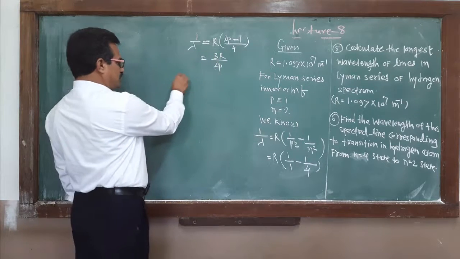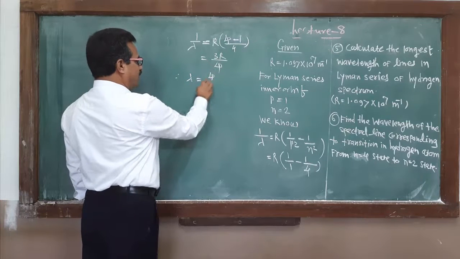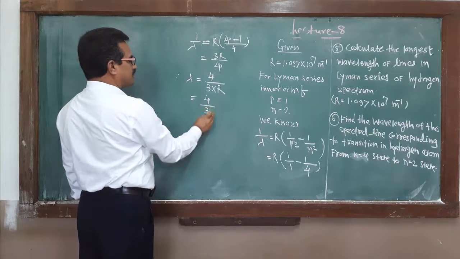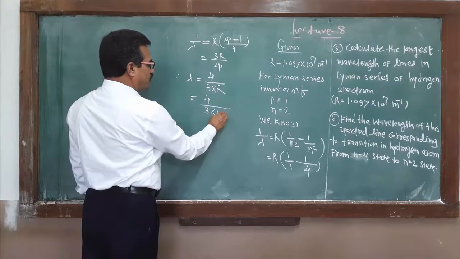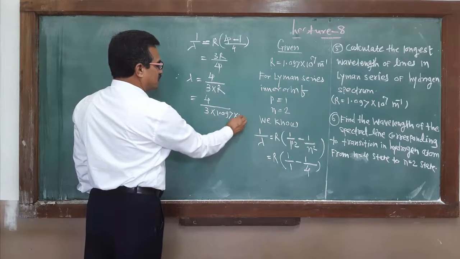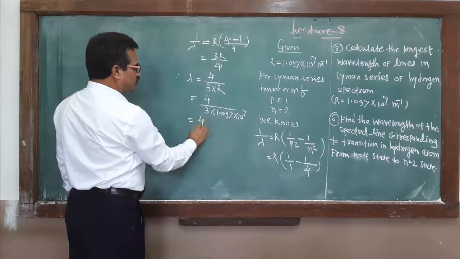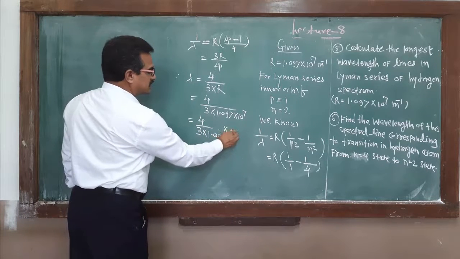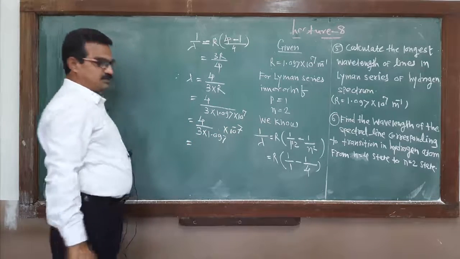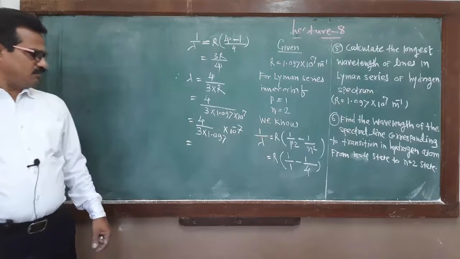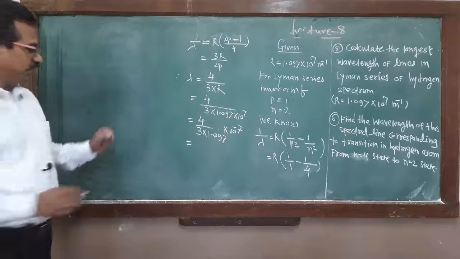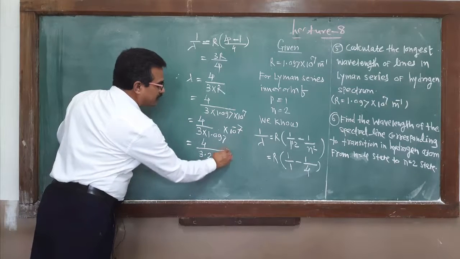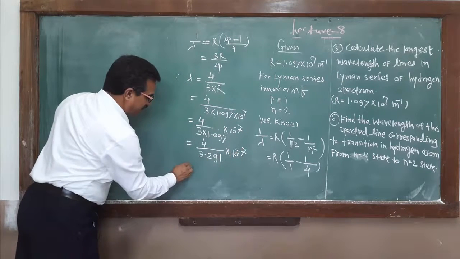Therefore, lambda is equal to 4 divided by 3 multiplied by R. And what is the value of R? 1.097 into 10 raised to 7. That is equal to 4 upon 3 multiplied by 1.097, into 10 raised to minus 7, which is 4 divided by 3.291 multiplied by 10 raised to minus 7.